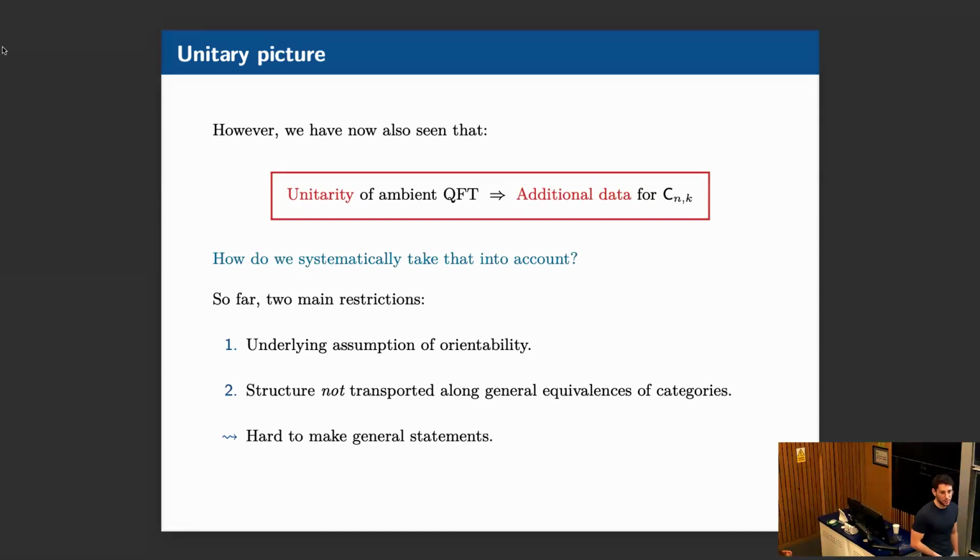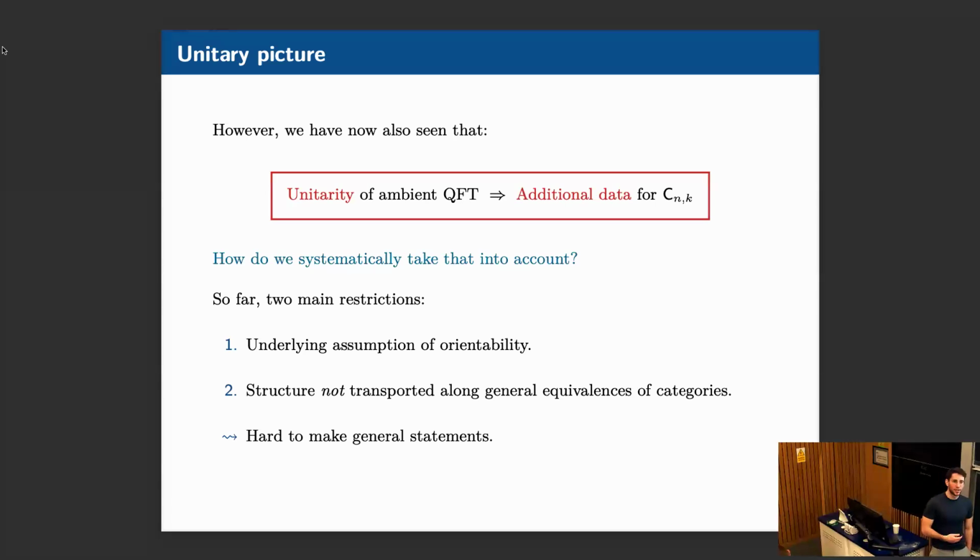Say, we might be interested in theories which have fermions and things like that. And second, the definitions I gave you are really not very well behaved in a categorical framework, in the sense that they are not transported along general equivalences of categories. This goes back to the example of Vect and Hilb.